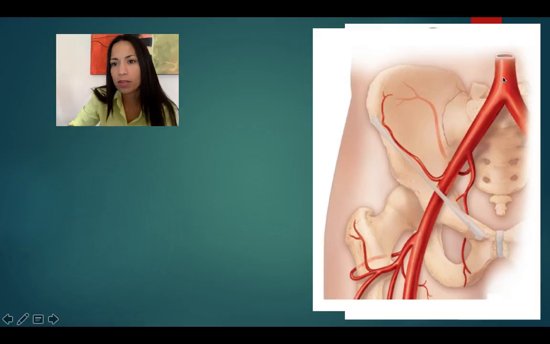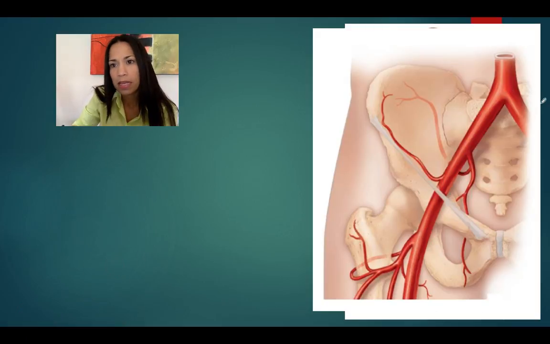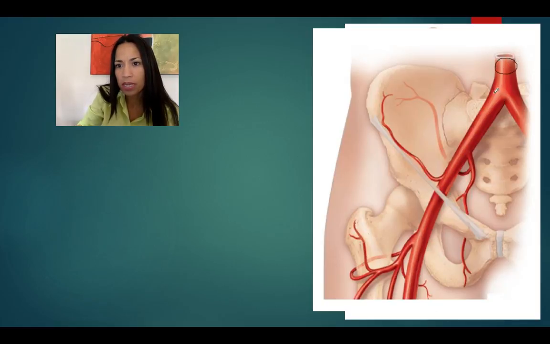In here, just the same. Look, in here we have the abdominal aorta branching into two, the right and the left common iliac artery. So from here to here, this is the common iliac artery, CIA. Now, the common iliac artery branches off into two arteries.